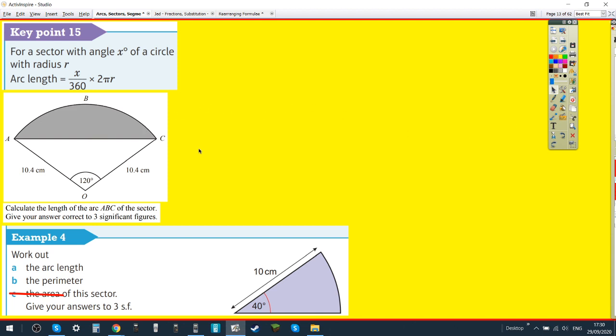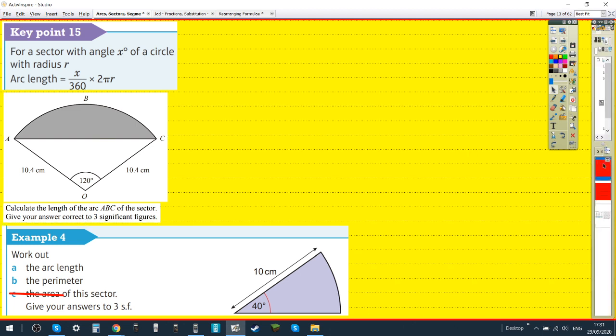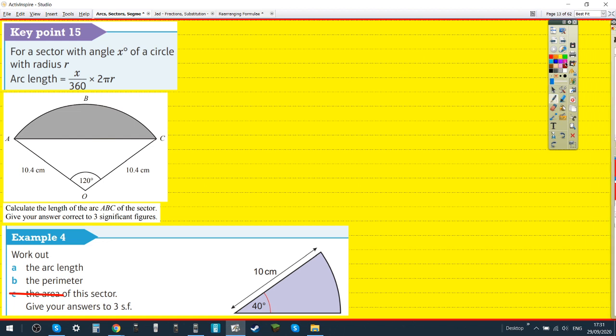What would be the arc length for this one? The x over 360 times. Wait, is it example 3? Is it example 4 or the other one? Other one. So x over 360 times 2 pi r. Okay.